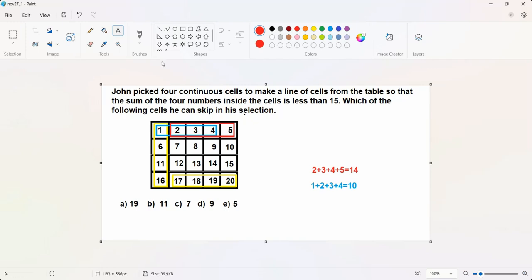So our answer in this case is 5, because he can skip 5 and select the first rectangle, and still get less than 15. So he can skip 5. So that's our answer. So you have to be very careful.